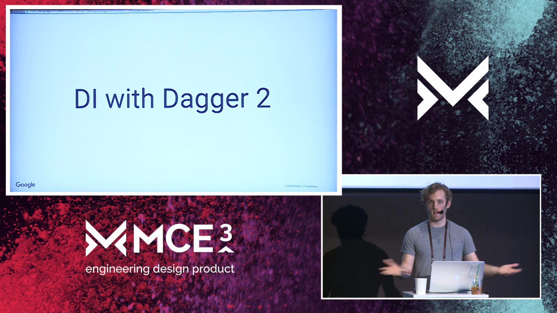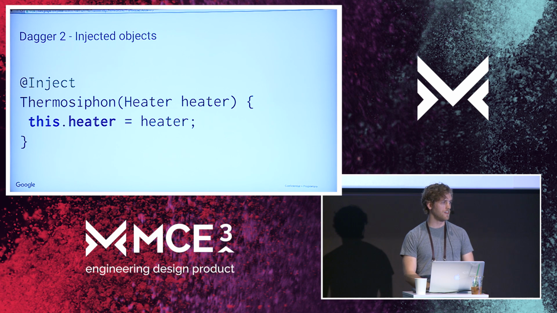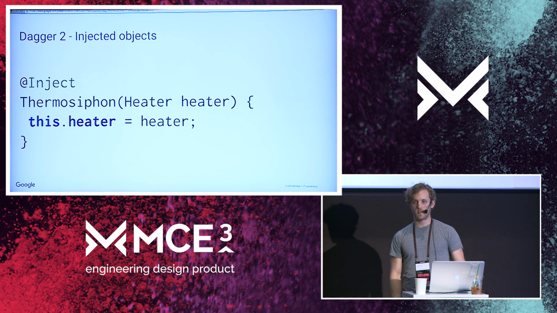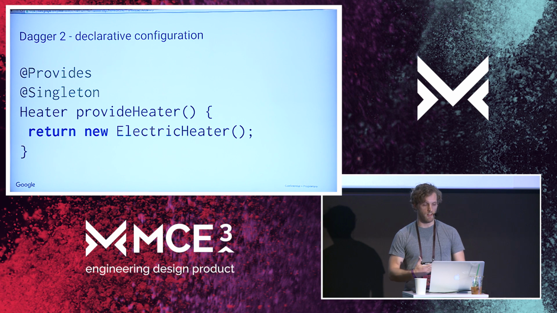DI with Dagger 2, how we do this when we're using Dagger 2, which presumably most of the audience knows already. We have the inject constructor. The inject constructor says, framework, please provide me a heater. Go ahead and invoke this constructor the way that you normally would, but make the framework responsible for fulfilling all those dependency requests. We also have a little bit of static configuration in the form of provides methods, just like your inject constructor, only an external method in a module that you provide as configuration.